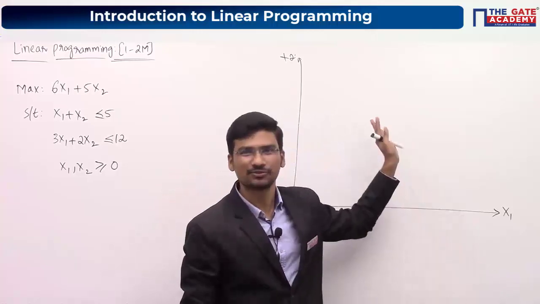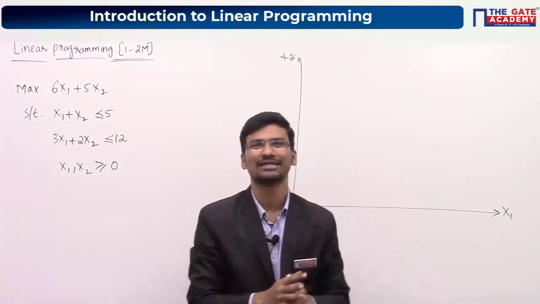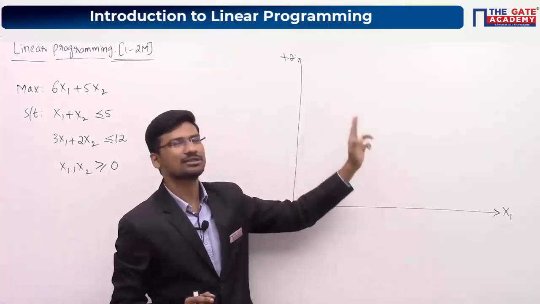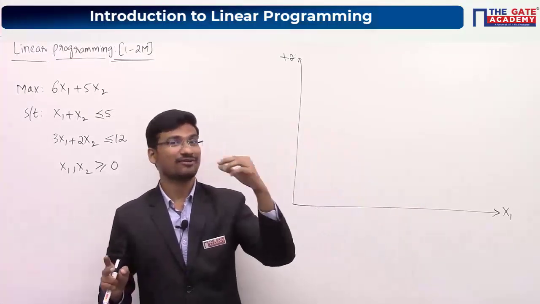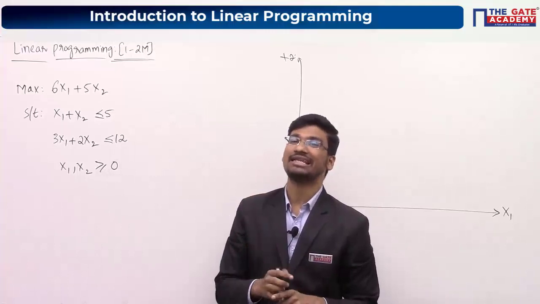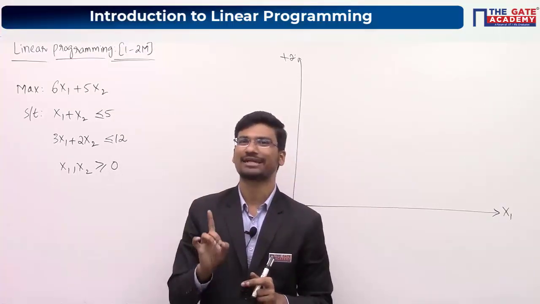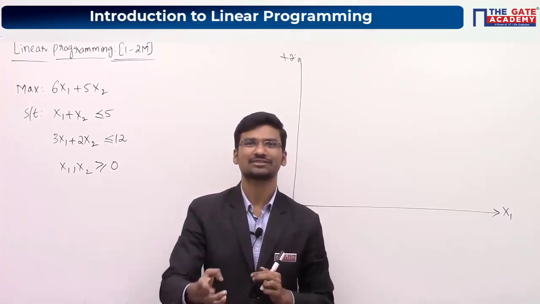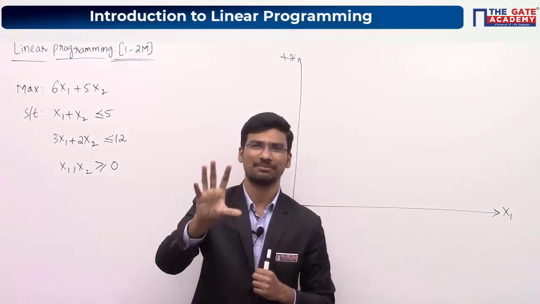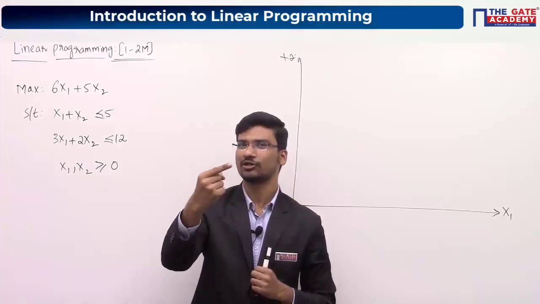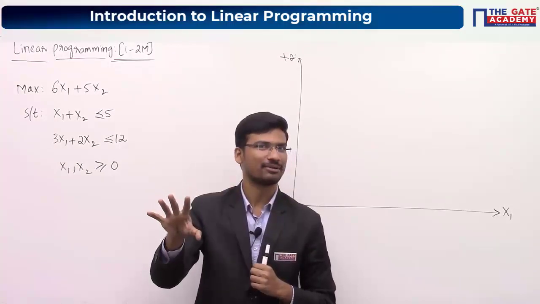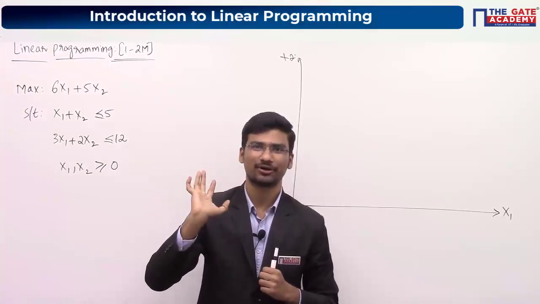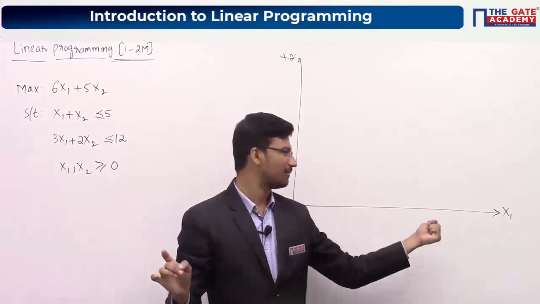See, x1, x2, we cannot go to three dimensions. If a given question contains more than two variables, then you cannot solve it using the graphical method. You have to go to one more method, which is known as the simplex method. That's why we are going for one more method, the simplex method. That is the basic limitation of the graphical method.